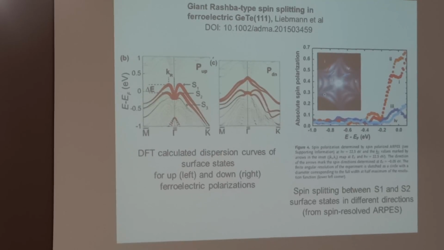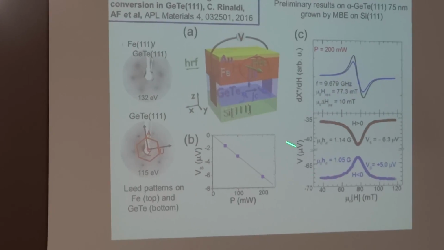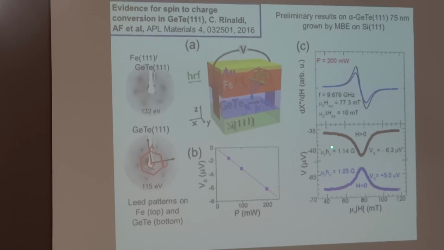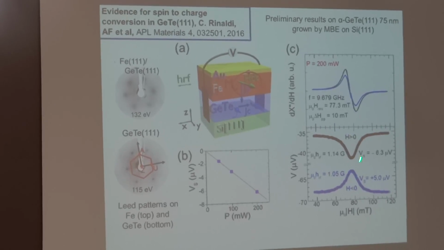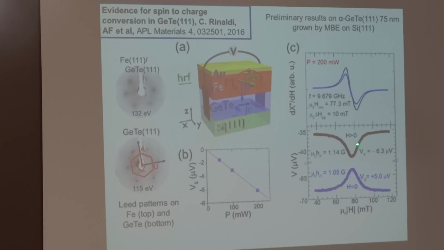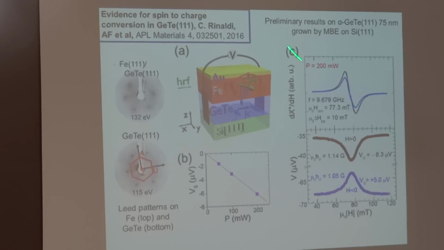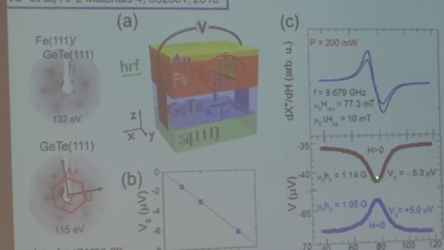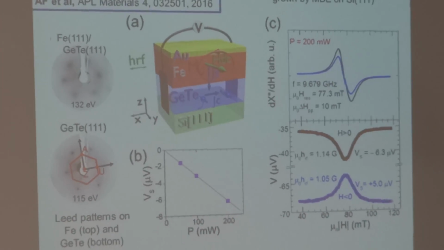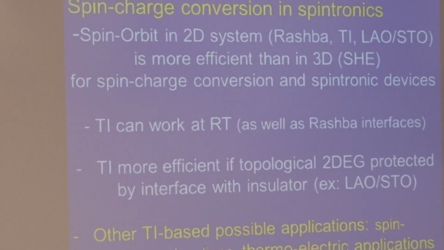We are just beginning the spin-charge conversion experiments, and we already have some preliminary results showing there is an inversion effect, but for the moment we have no gate and we cannot yet change this signal by simply inverting the polarization. This is my summary.